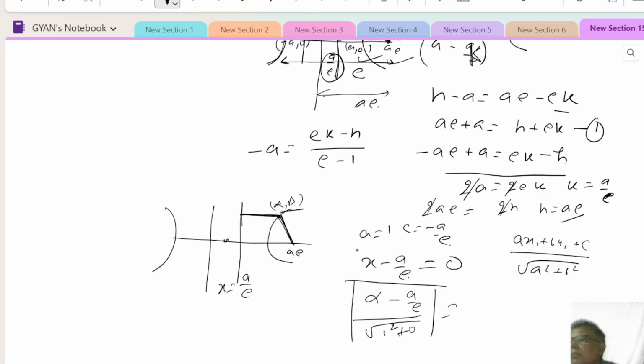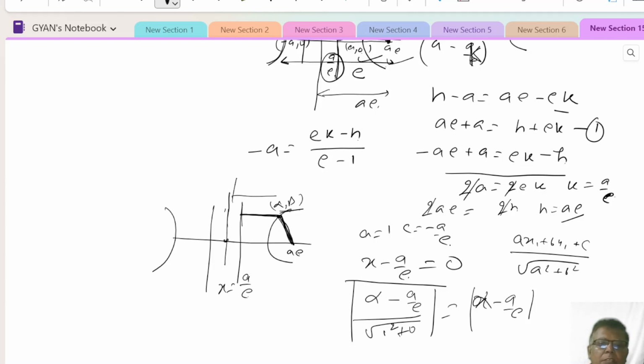This we have calculated. And what will be this length? So this length will be how much? This will be x minus A by E. How x minus A by E? Because this is the origin. So this is alpha. So alpha minus A by E.